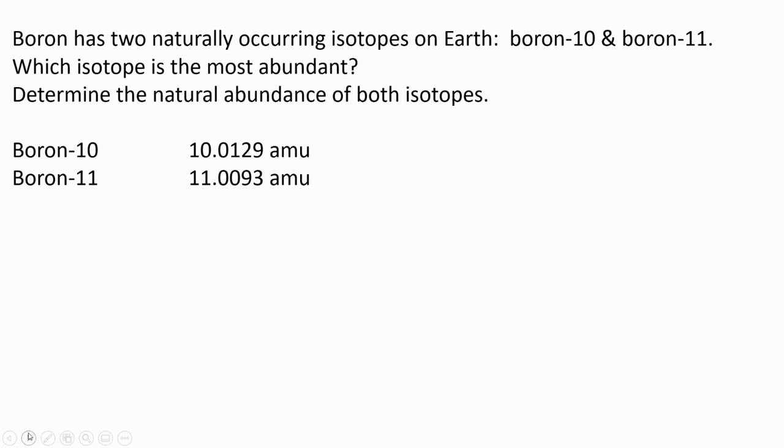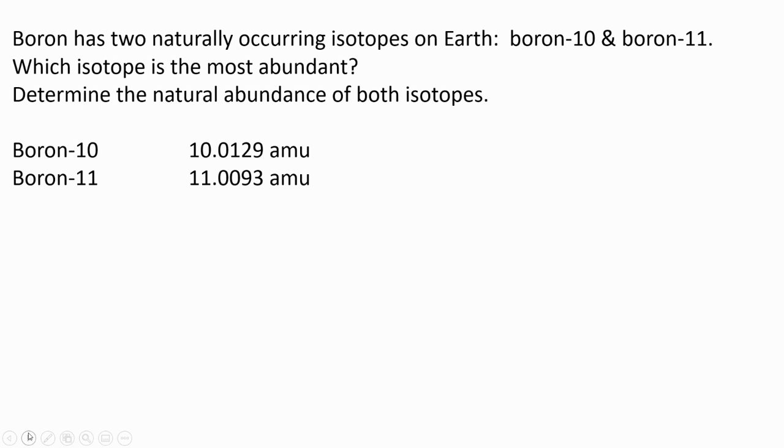But they don't give us any of the percentages that we were given in the previous problem. So how do we know what is boron's average atomic mass? That's probably the best place to start.